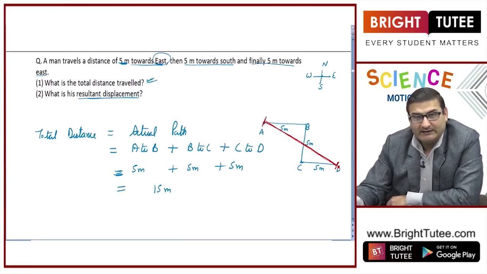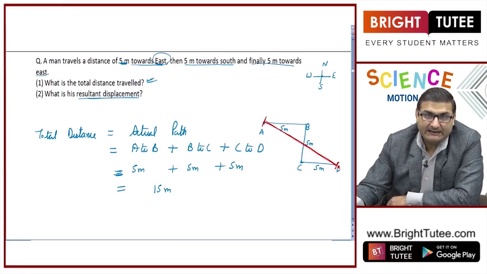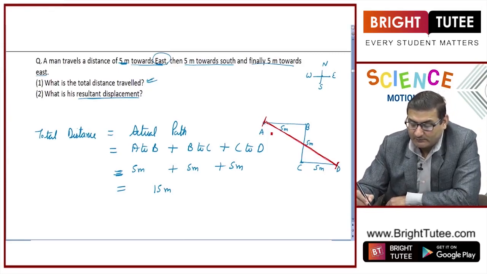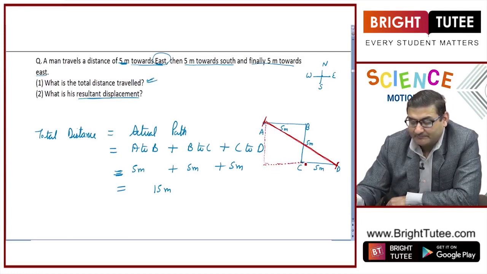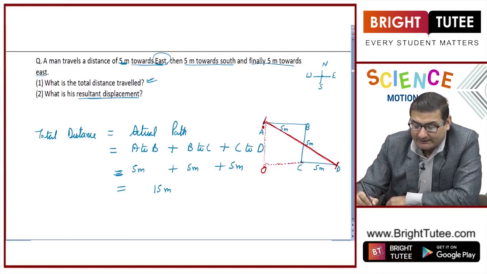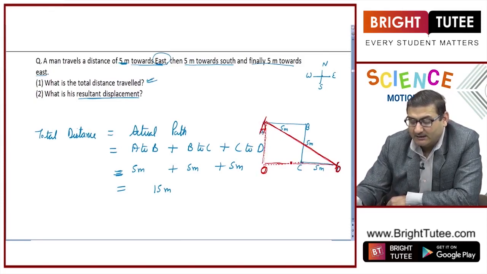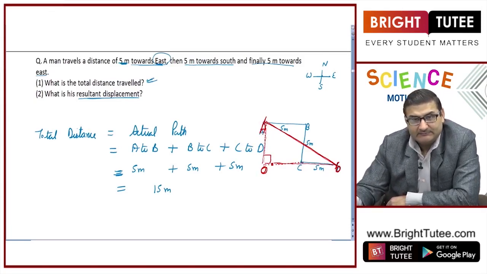Now, how am I going to find it? I will try to relate with a construction. What I will do is draw a perpendicular here from A, and once again I draw a perpendicular and join this particular point, and let us give it a point O. Now if I try to relate, this is point A, this is O, and this is D, and now this is a right angled triangle, right?